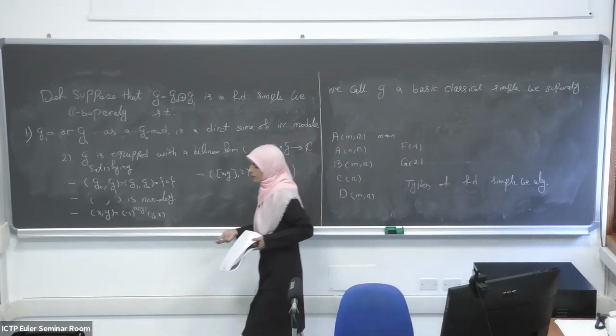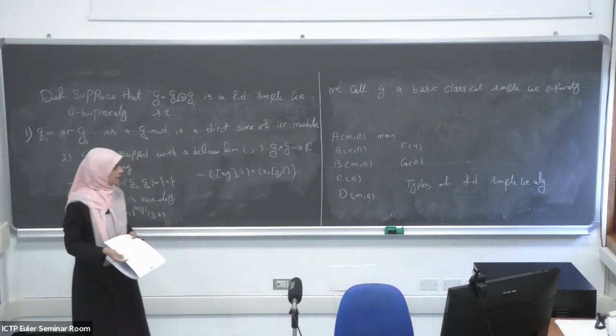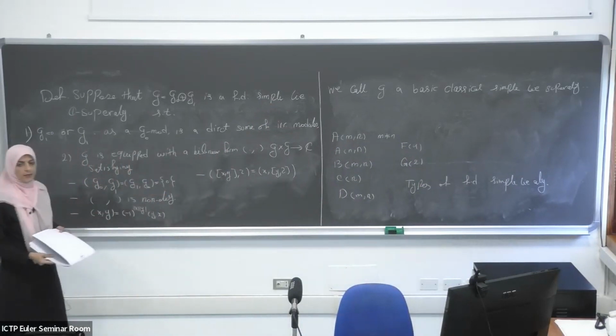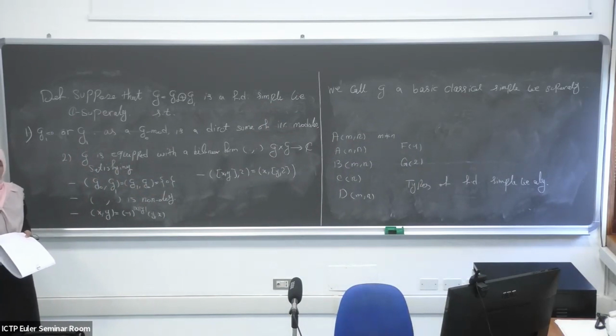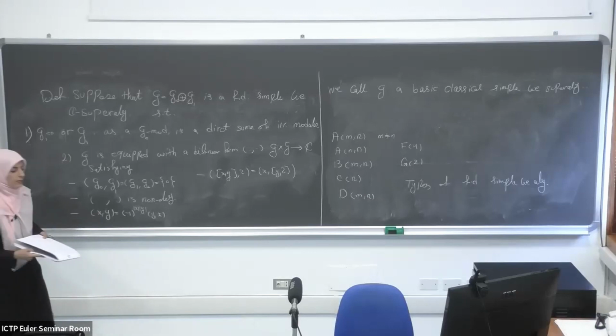I don't want to talk about the structure of these basic classical simple superalgebras. I just want to mention some of the properties that they have, because they have the same properties. The structure is different, but they have the same properties.